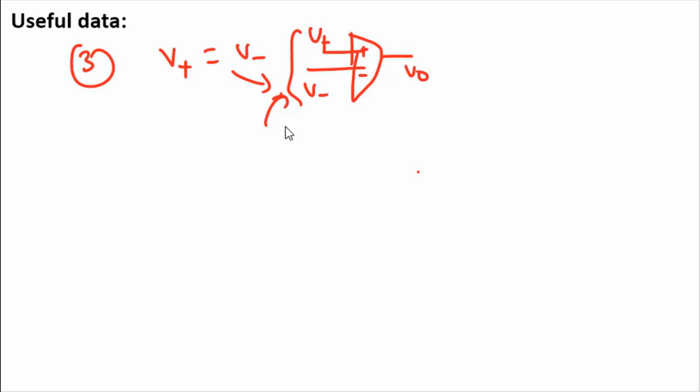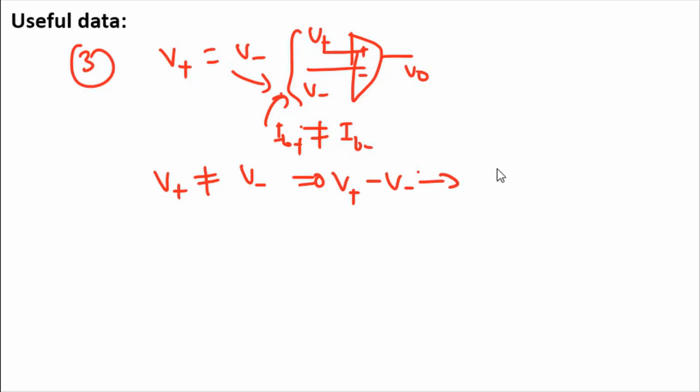So your input bias current of this terminal IB plus is not equal to the input bias current of this inverting terminal. So due to this, there is a slight difference between the voltages of these inverting and non-inverting terminals, and this V plus is not equal to V minus. And the difference between this voltage V plus minus V minus is defined as the input offset voltage.